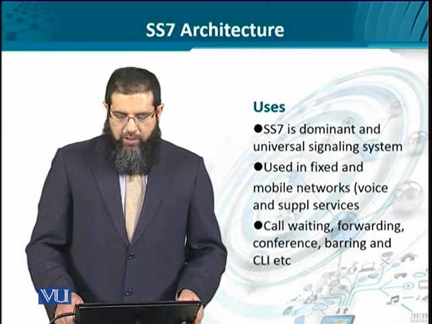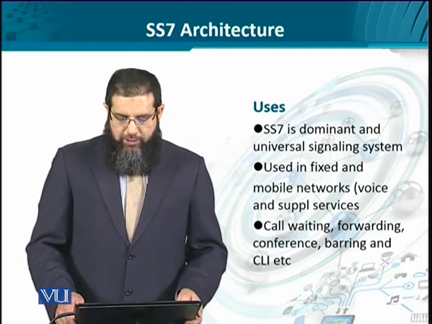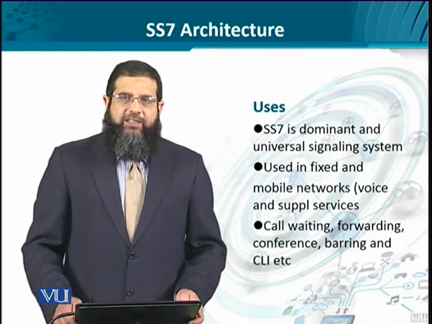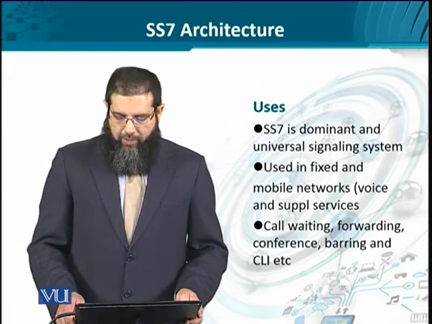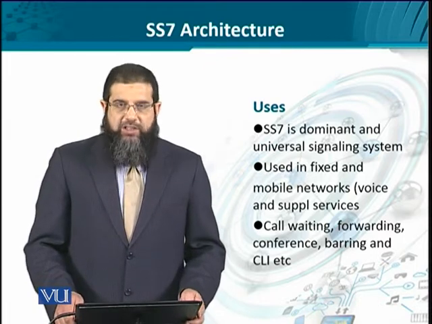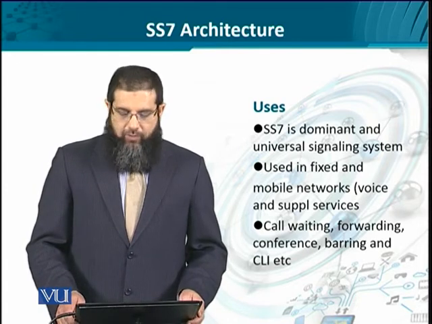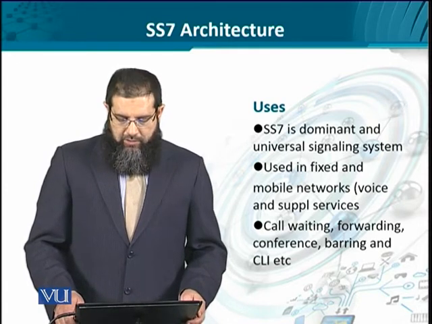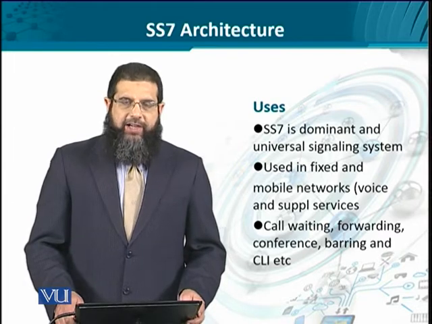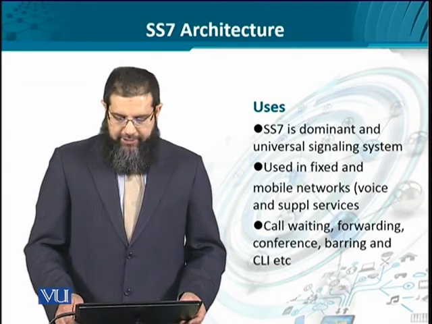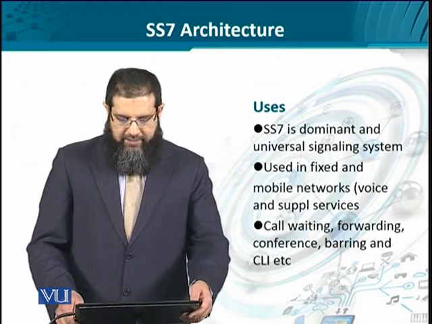SS7 is known to be widely used and a universally accepted signaling standard for its effective performance. Certain supplementary services such as call waiting, forwarding, conference, CLI, call barring, etc., are also provided in addition to the voice and data services.